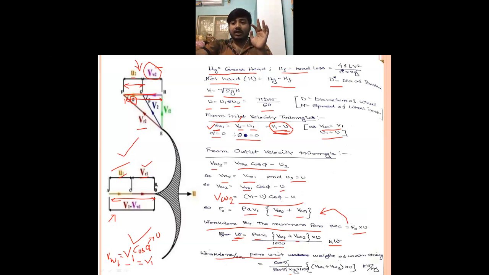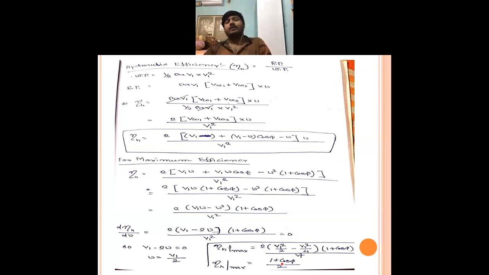So the rho a V1 cancels from the numerator as well as the denominator, and the equation comes as (VW1 plus VW2) into U by g into 1000 kilowatt per kg. So this is the work done per second of the jet per unit weight.